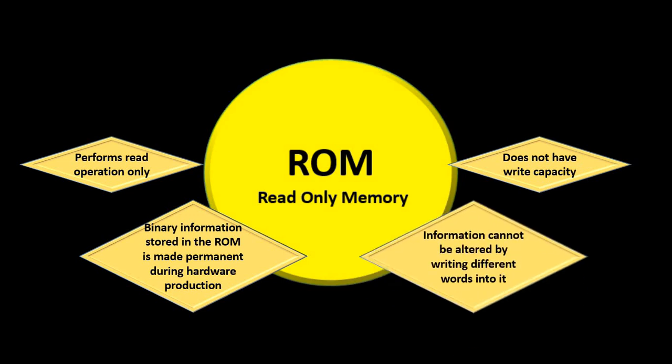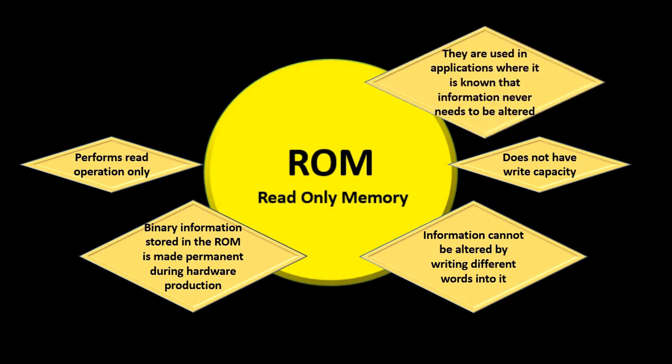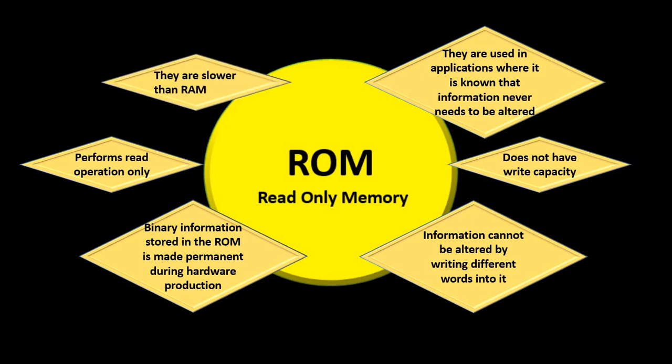That is, information cannot be altered by writing new contents to it. Because of this, ROMs are used in applications where it is known that the information never needs to be altered. The ROM is slower when compared to RAM.